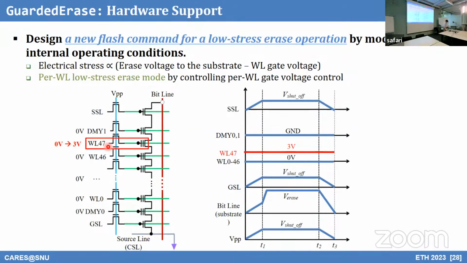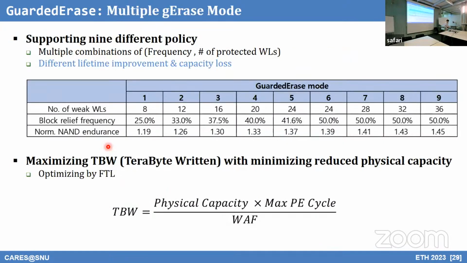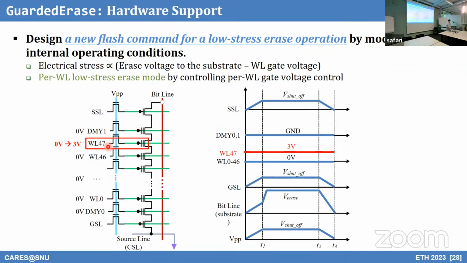Sorry. Yeah, I have one more question. In the low stress erase mode, if we wait for a longer time, basically when we increase the duration of that pulse, can we make sure that it completely erases that word line?